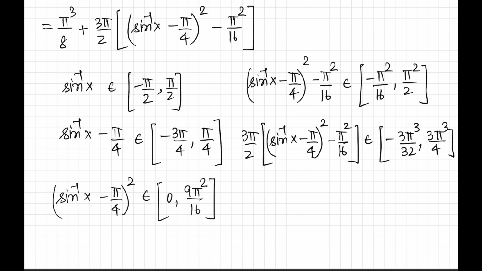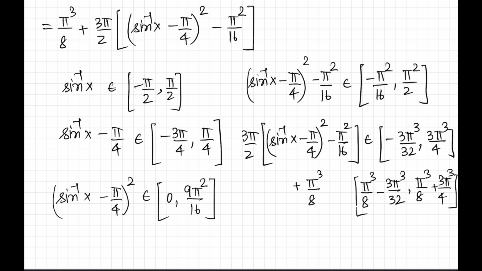Finally, if we add pi cube by 8 to both these terms, this will become pi cube by 8 minus 3 pi cube over 32, comma, pi cube by 8 plus 3 pi cube over 4.